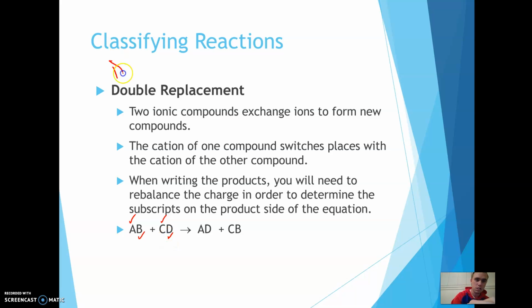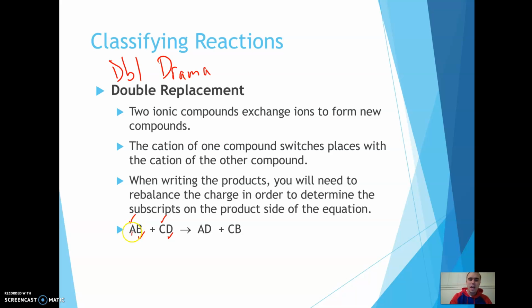So I call this one the double drama reaction because there's a lot of drama going on in this whole relationship scenario. So A and B are together, they're all happy. C and D are together, they're happy for the time being. And since A and C are roommates, B and D are roommates, everybody hangs out together quite a bit, maybe a little too much if we're talking in real terms, right?